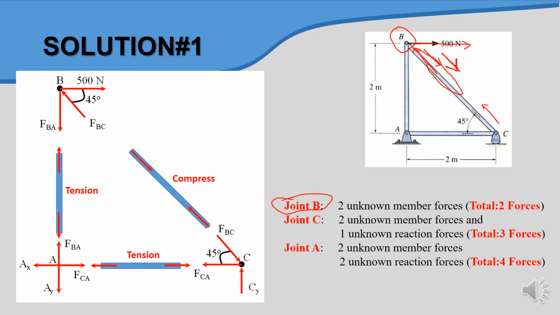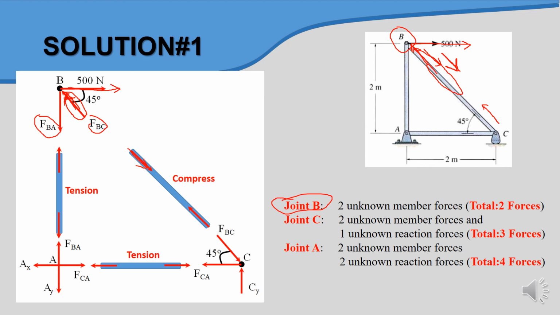So at point B the force is supposed to be in this upward direction. So the free body diagram at point B is supposed to be 500 to the right, and force FBC towards the point.